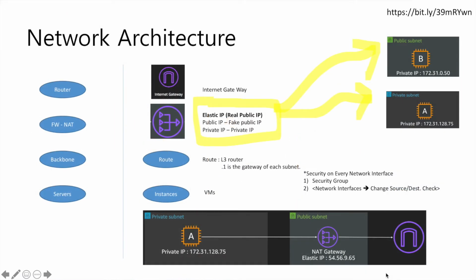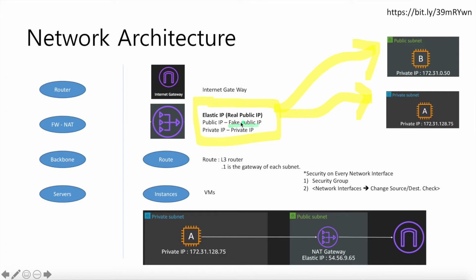And one more very confusing thing is the network architecture itself. AWS has an internet gateway, IGW. It's like the public internet, and like a firewall, we have to do NAT. So when AWS says it's a public IP, it's not really a public IP. It's actually a private IP address, so I call it a fake public IP.